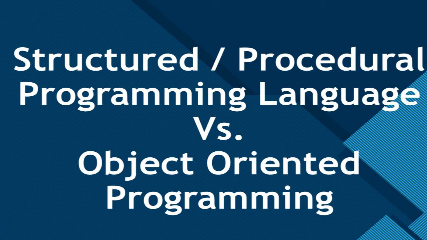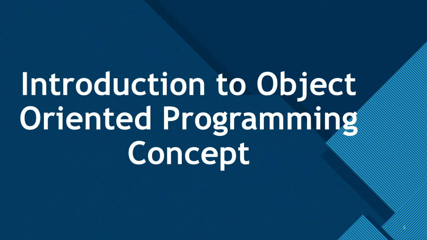Basically, if we talk about Android, it is an operating system and it is based on this object oriented concept. The introduction: actually this concept started in the 1960s, and in the mid 80s, that is after the 1980s and before 1990, it became the main programming paradigm.